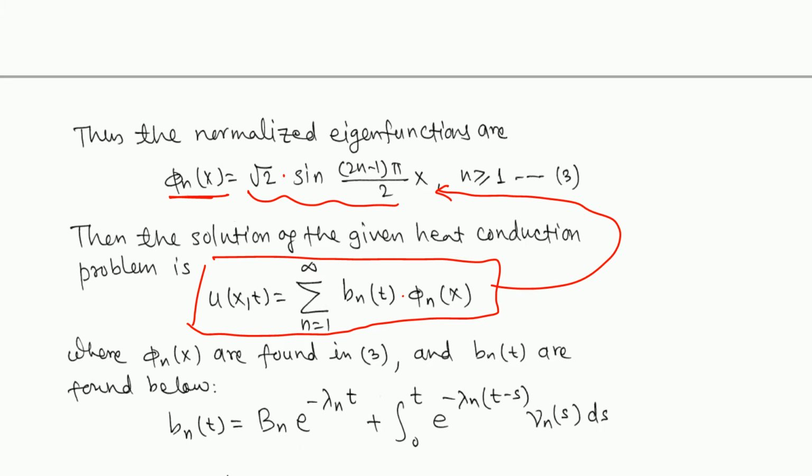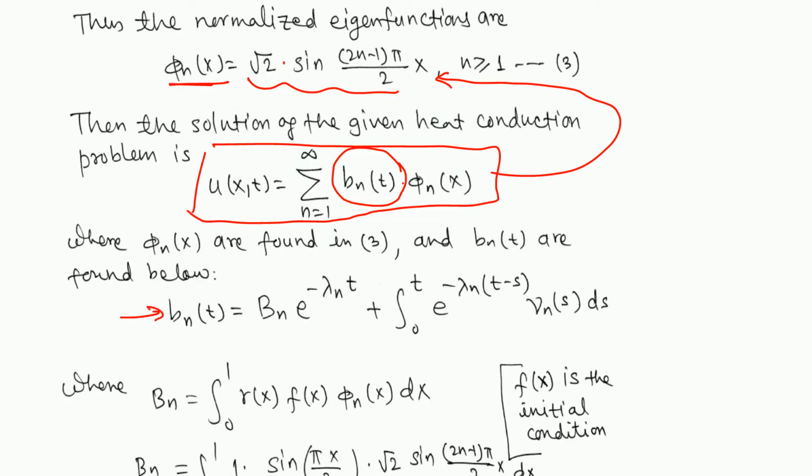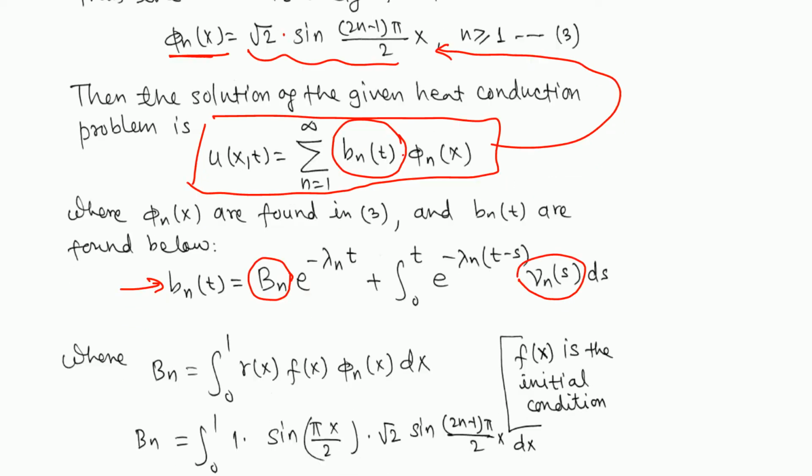Next we need to work on these b_n's, which are given by a formula: the sum of b_n times e raised to negative lambda_n t, where the lambda_n's are the eigenvalues found earlier, plus the integral from 0 to t of this. Then we need to work on the b_n's and these nu_n's. Once we have them, we can combine and integrate. So let's find the b_n's first.